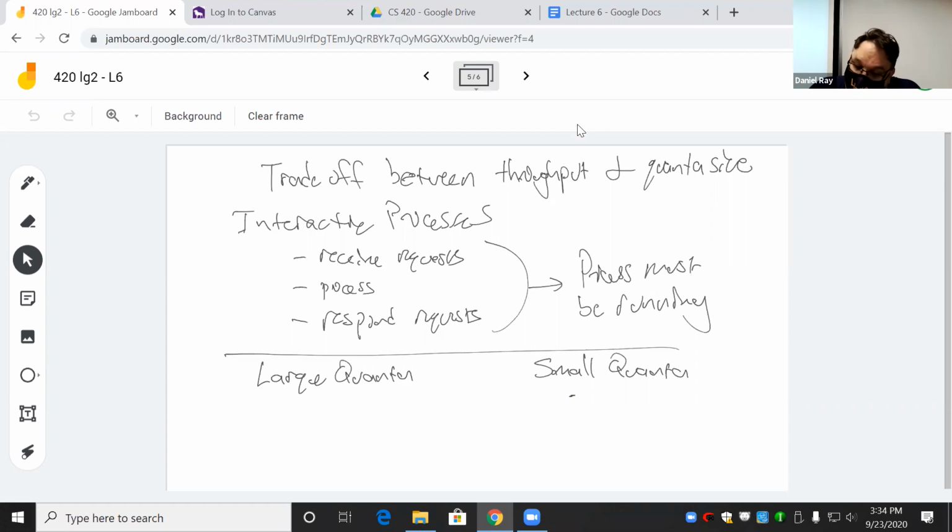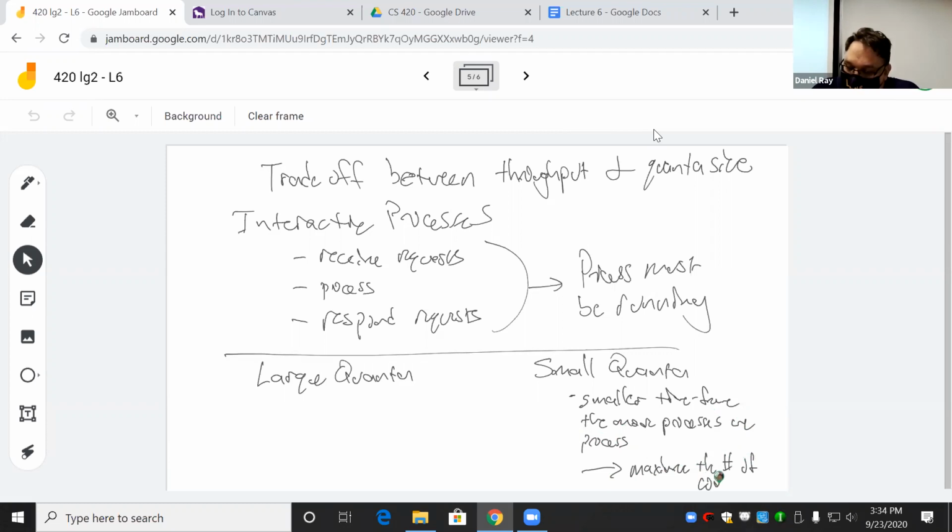Okay, so that means the smaller the time frame, the more processes we process during a set amount of time. The other way to think about this is, as the time frame gets smaller, we maximize the number of context switches.